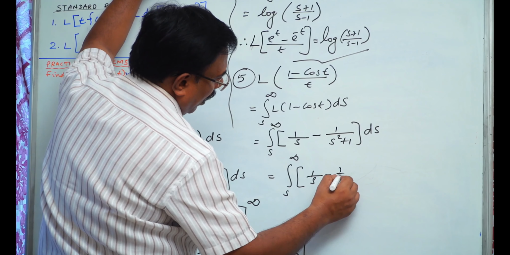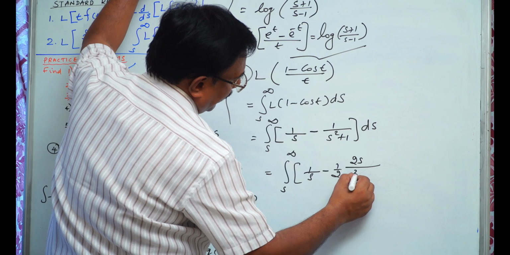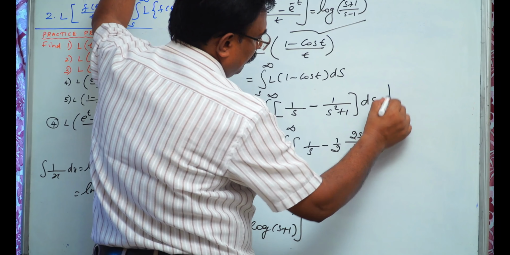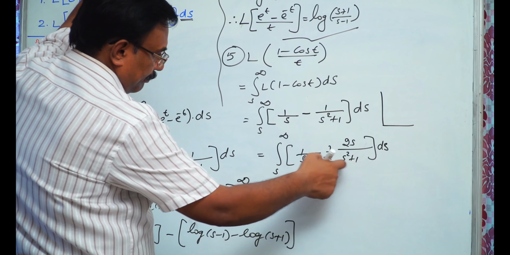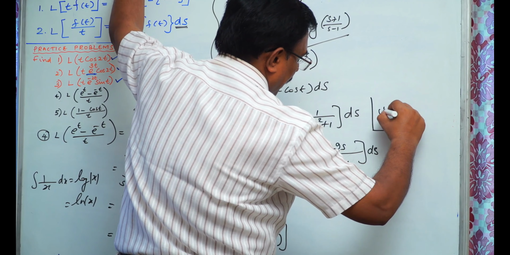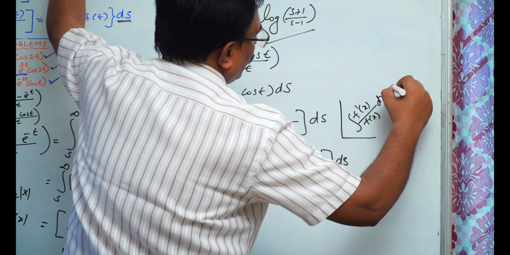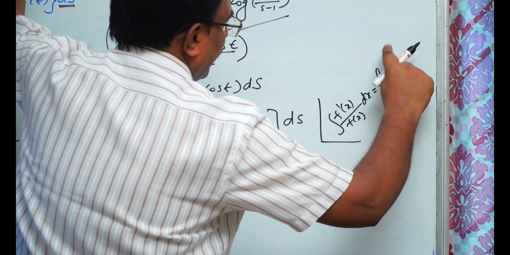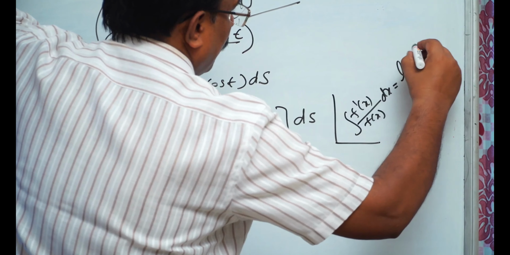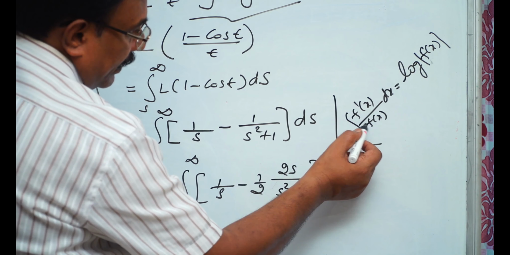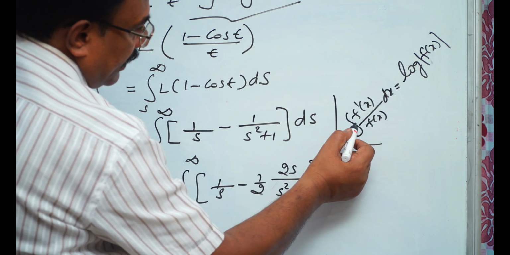I can introduce half and 2s divided by s square plus 1 ds. See here, integral of f dash of x divided by f of x dx is equal to log of f of x. This means if the numerator is the derivative of the denominator, then the integral answer will be log of the denominator. So, I am going to use this rule here.